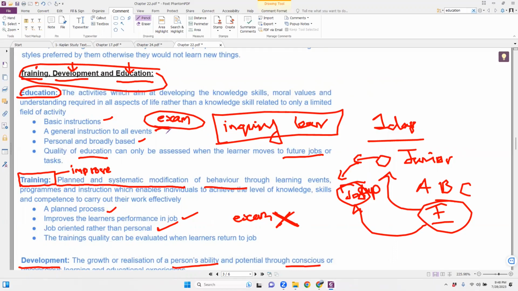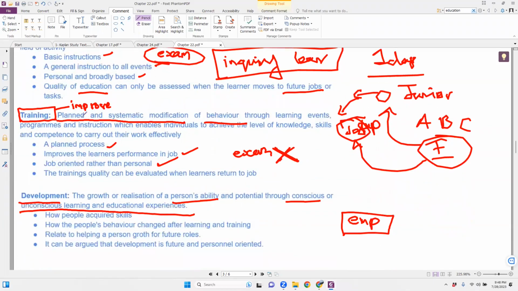Now let's come to training. In training, let's say you are doing some type of job and you need to improve your performance. Your manager would give you some training so that you can increase your performance, right? And who would this benefit? Is this training going to benefit you?